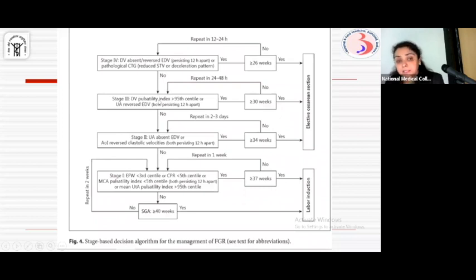If the pulsatility index in ductus is high or there is reversal of end diastolic flow, deliver them by 30 weeks, not beyond that. Whereas if the ductus venosus is absent or reversed, though it is said that you can deliver, here we need to look into our NICU setup. What is the viability and whether that baby can really be salvaged?